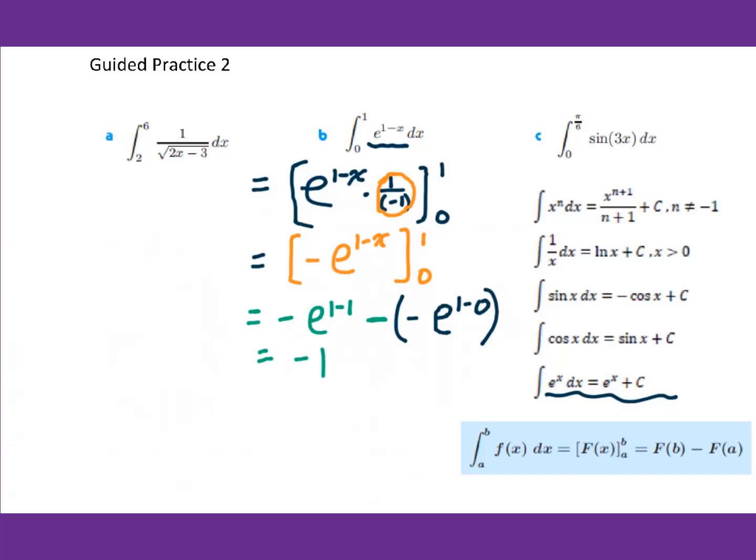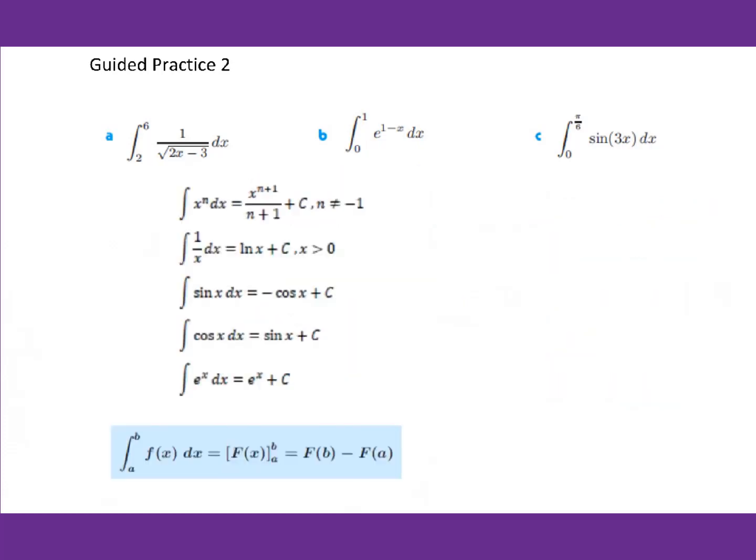You get -1 here. This gives you negative e to the first power. Negative will be positive, so plus e. In this question, you pay more attention to this negative sign. So when you plug in the number, you keep this negative sign.